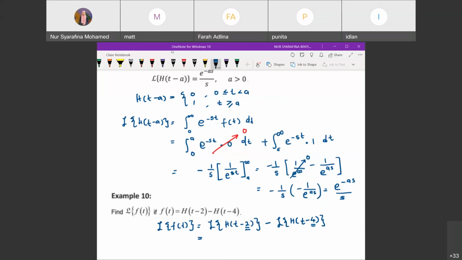Now h(t minus 2) becomes e to the negative 2s over s minus h(t minus 4) becomes e to the negative 4s over s. Okay, so simplify, then you can have the transformed version of this f(t). Easy, right?